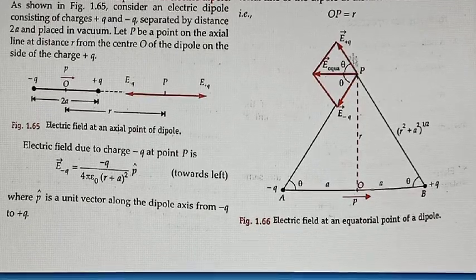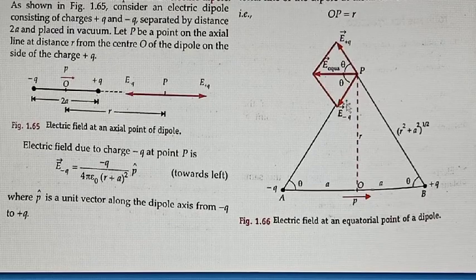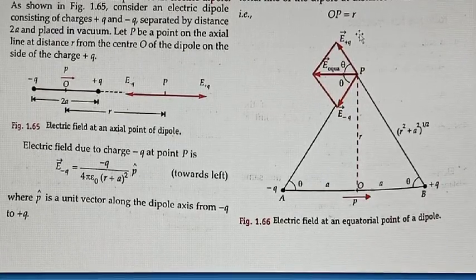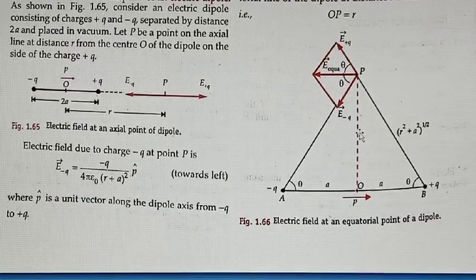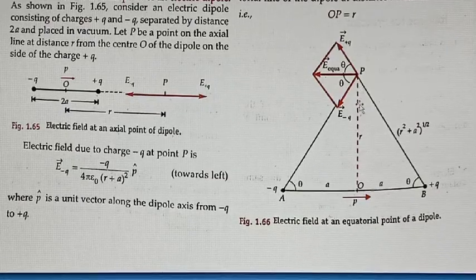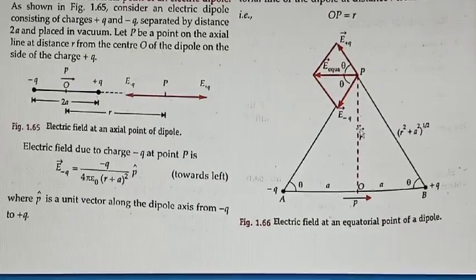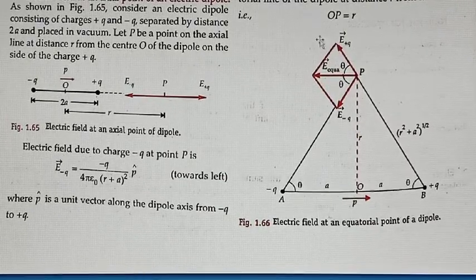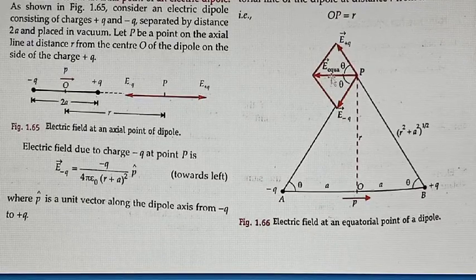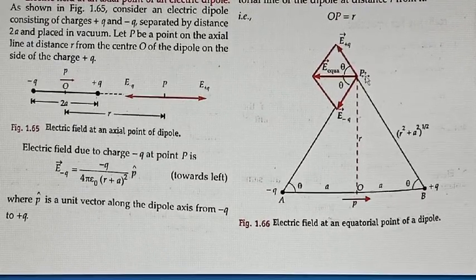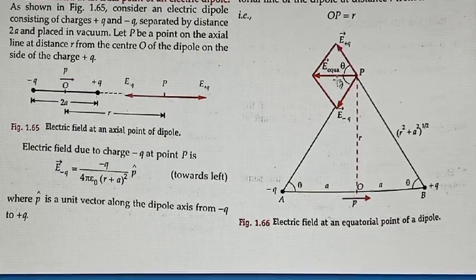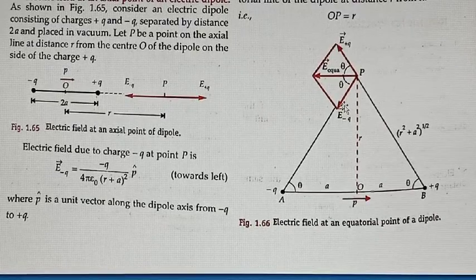Also, the magnitude of E plus Q is equal to the magnitude of E minus Q. So E plus Q sine theta cancels out E minus Q sine theta. So what remains? Only this remains. This is the resultant of E plus Q and E minus Q.